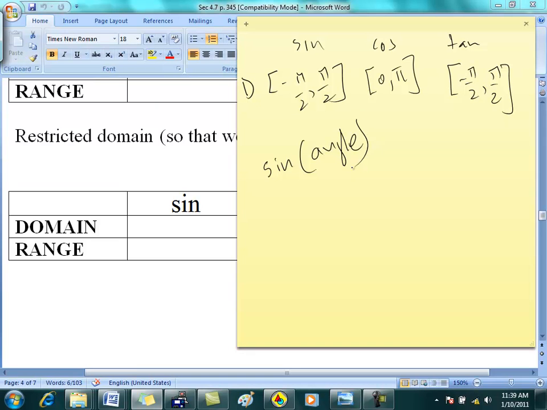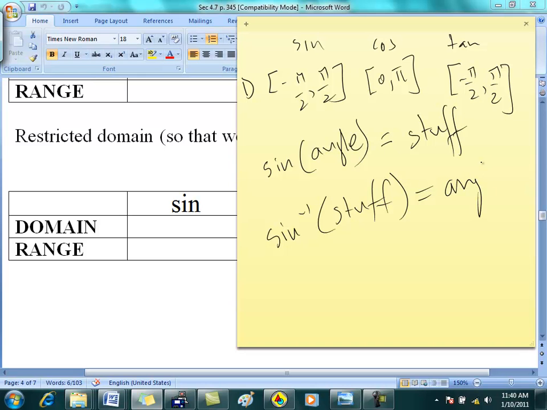Sine or cosine or tangent is always of an angle. When you do that, you get a value. With the inverse function, you do the inverse on that value, and you get an angle, and that angle had better satisfy this. So it's got to be in radians, between minus pi over 2 and pi over 2. Always in radians, and always satisfying that domain for sine.